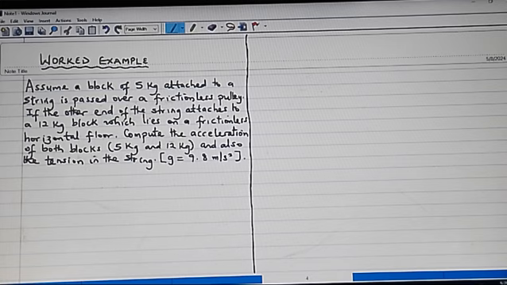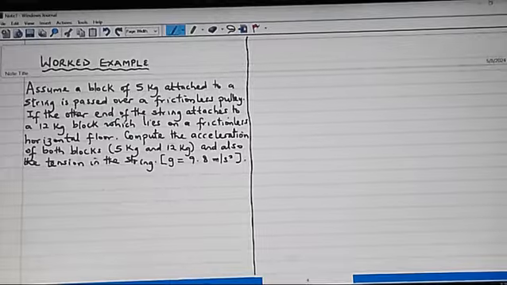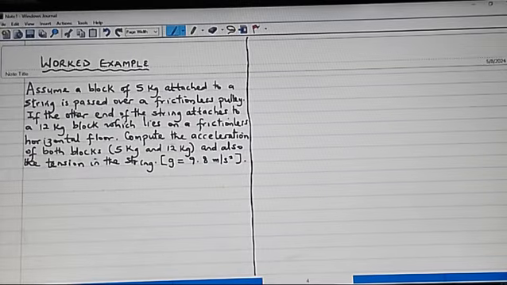We can have the diagram attached to the question, but in a case where you don't have a diagram, you have to visualize it, draw the diagram, and use that diagram to answer the question. So let's go on. We'll look at the question point by point and draw the diagram.